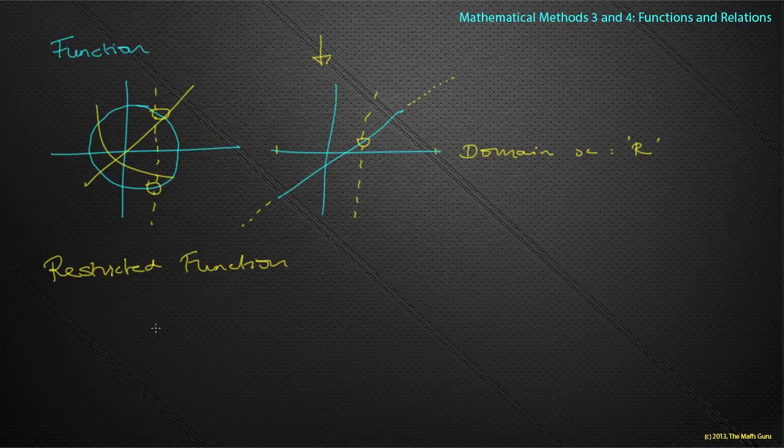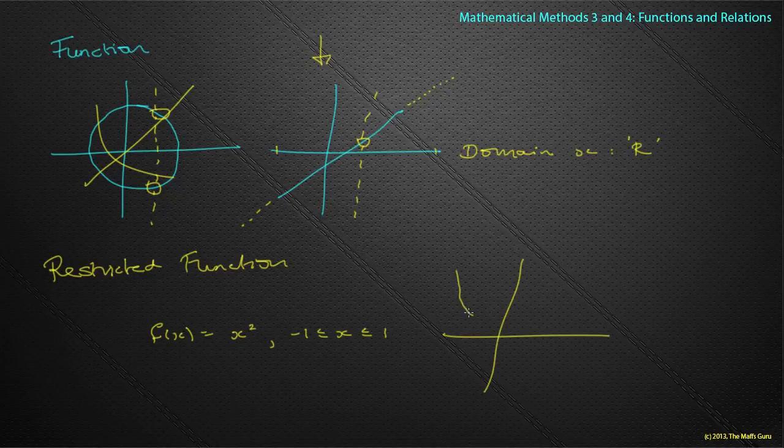So if we have the function f of x equals x squared, and then we add a comma and say minus 1 is less than or equal to x is less than or equal to 1, then what that means is that we will draw our x squared curve, and the only values we will go down to is negative 1, and the only values we'll go up to is positive 1. My apologies for the wonkiness of this graph, but it's pretty much going to be the same throughout the whole of this video.